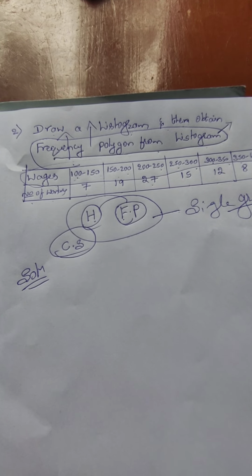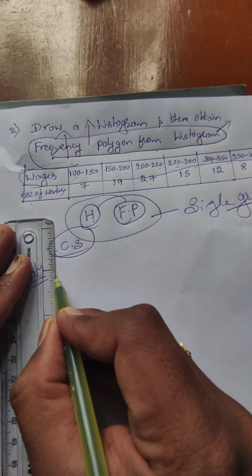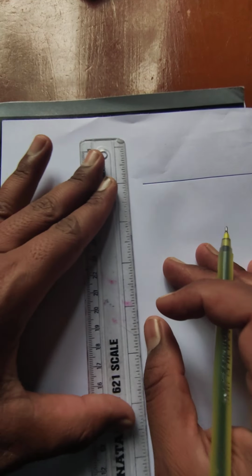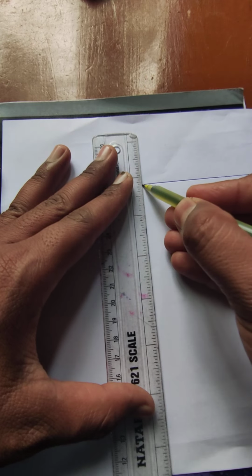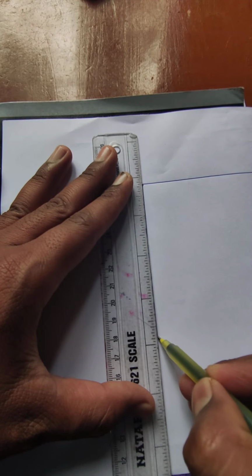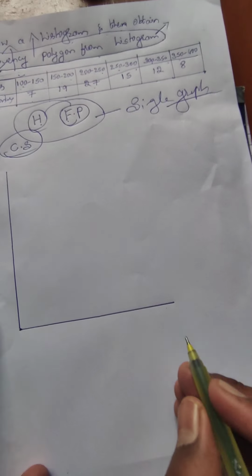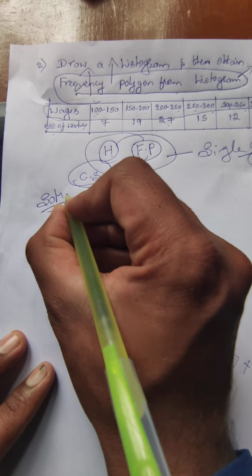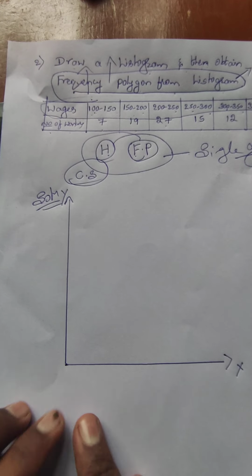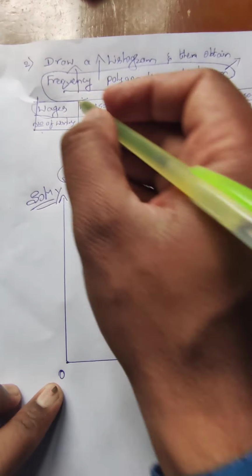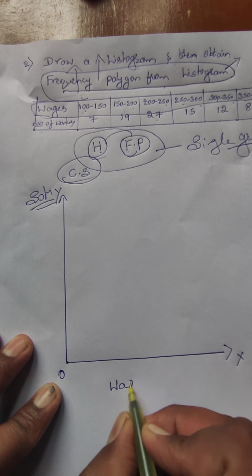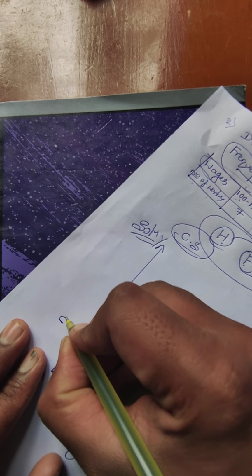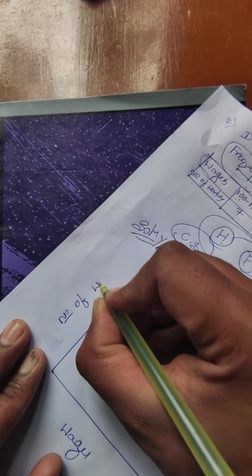First we have to draw two axes, the x axis and the y axis. The horizontal line is called the x axis, and the vertical line is called the y axis. The x axis represents wages, and the y axis represents the number of workers.